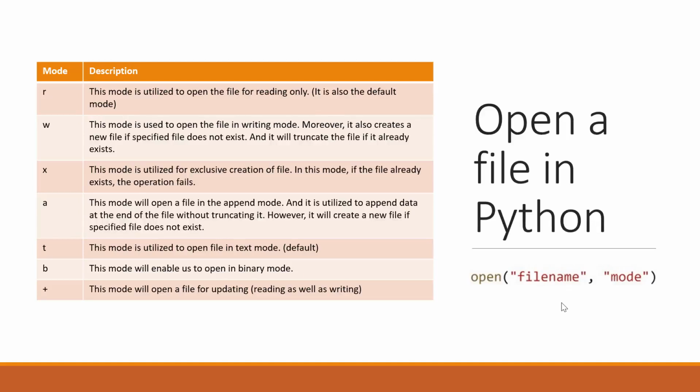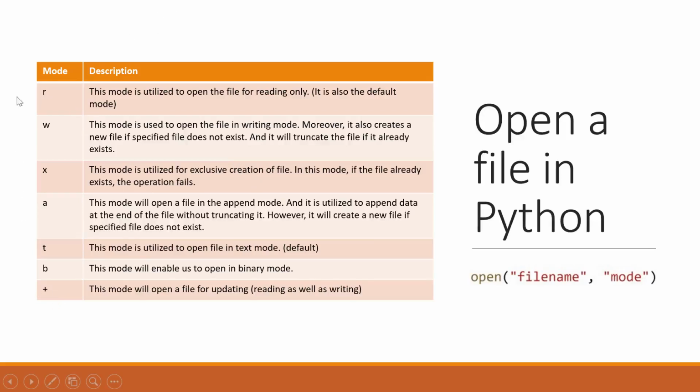The file name parameter is utilized to specify the name of the file that we want to open, and the second parameter is mode. The mode parameter is utilized to specify the mode in which we want to open the file. For example, there is an R mode which is used to open a file in read mode. Similarly, there are multiple modes. Here you can see a table on the screen.